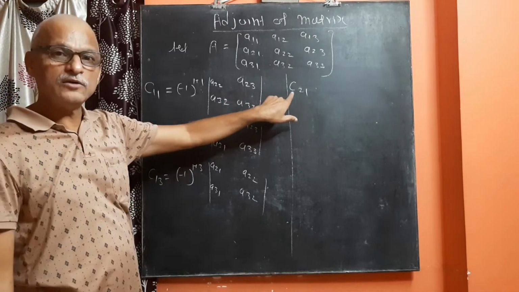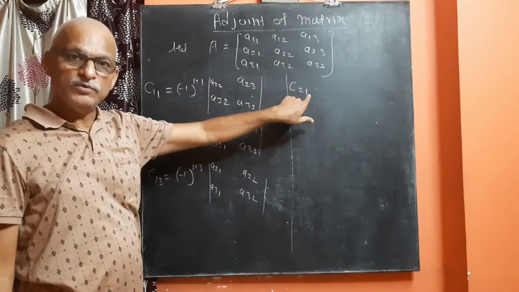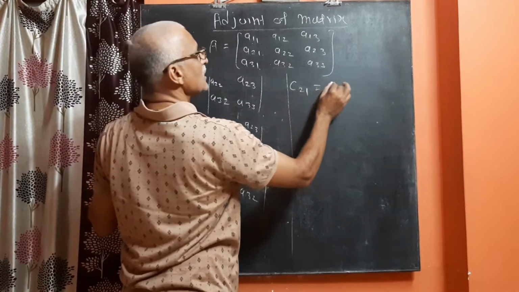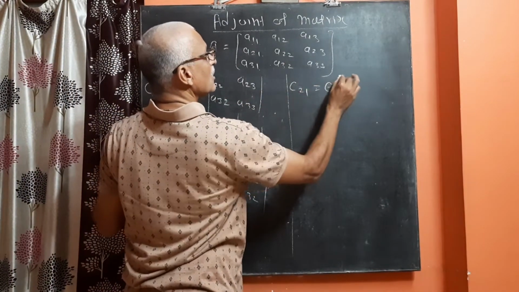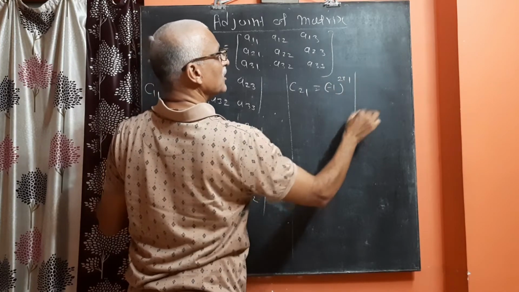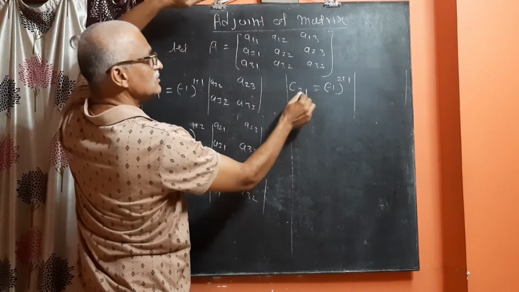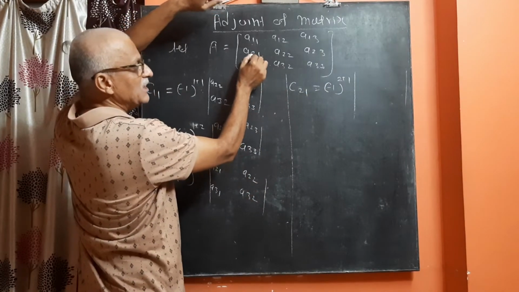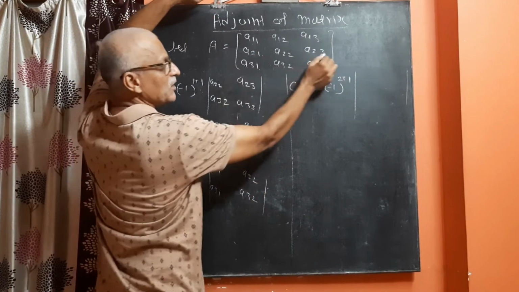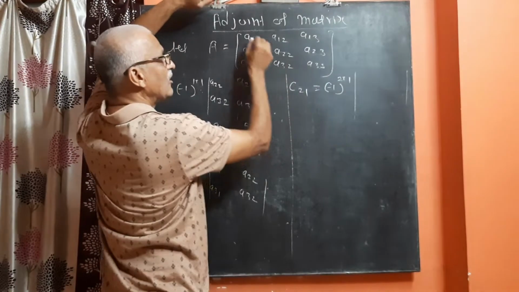Now cofactor of second row first column is equals to minus 1 raised to 2 plus 1 into determinant of. C21 means this position. Which row is it in? In the second row. So leave this out, this whole row is skipped, and this column too.